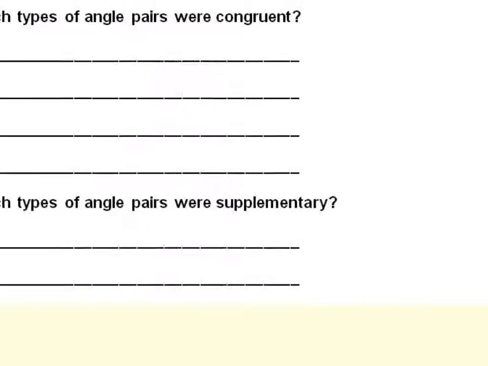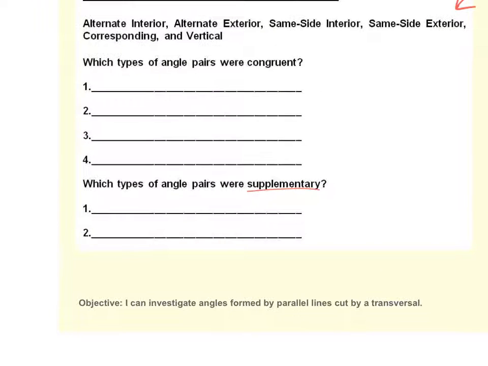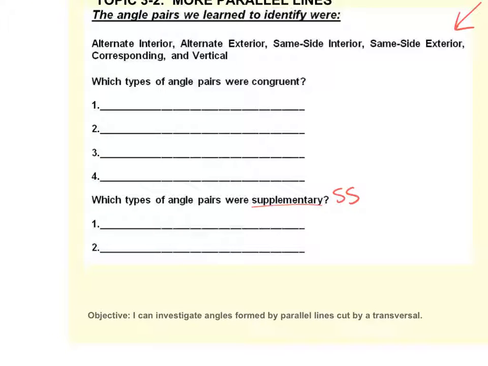So I'm actually going to start with supplementary because supplementary is easier to remember. Remember, supplementary is same side. So same side interior and same side exterior are my supplementaries, and they all start with S's. Same side sup, same side sup.